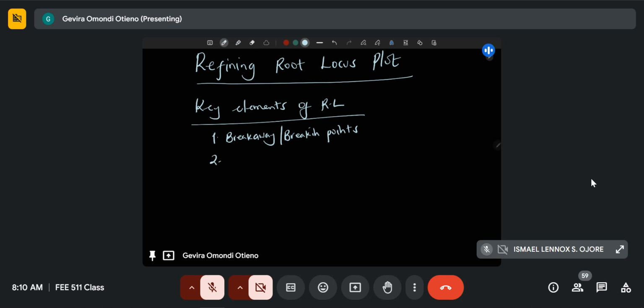The other point that we must find, which is also important, is, like I've said, the imaginary axis crossing. Okay? Then the other point is we must know the angle of departure.